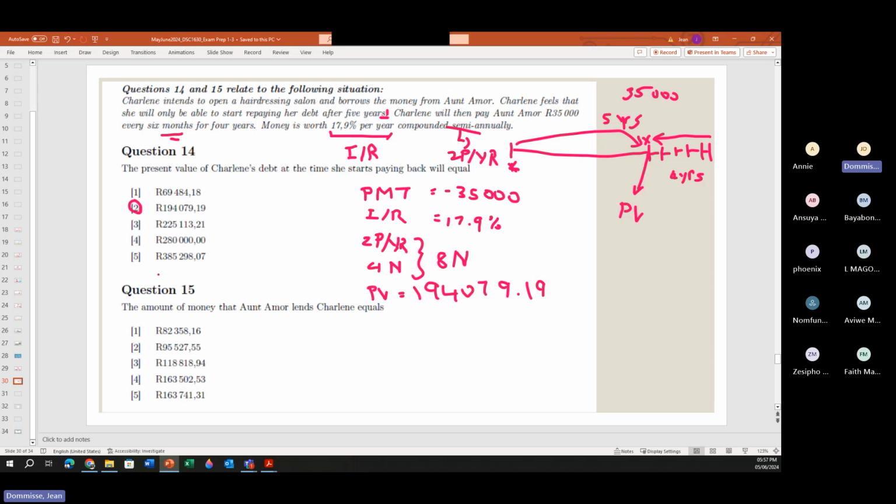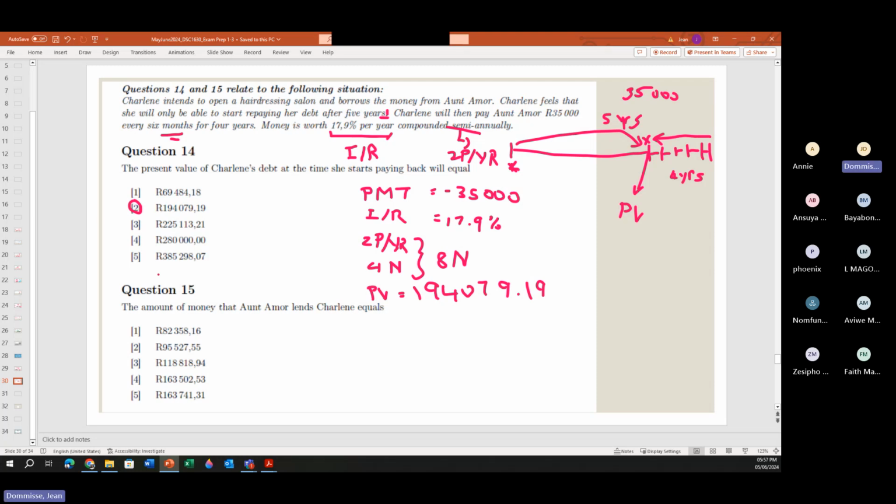Okay, so then it nearly feels an automatic question is, okay, so that is in 5 years' time when she starts making the payments. So what is the actual amount today, or when she intends to borrow the money? What is that actual amount that she wants to borrow?